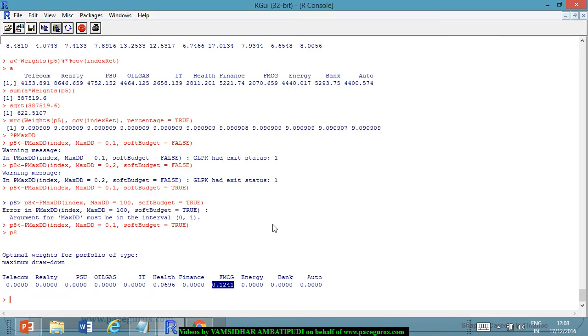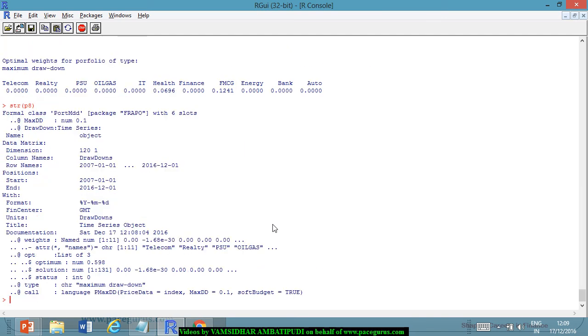That's how we are doing the weightage. Only two sectors. And if you look at the structure of this P8, the dimension is a 120 by 1 kind of matrix. These are the row names. The column names are the drawdowns.